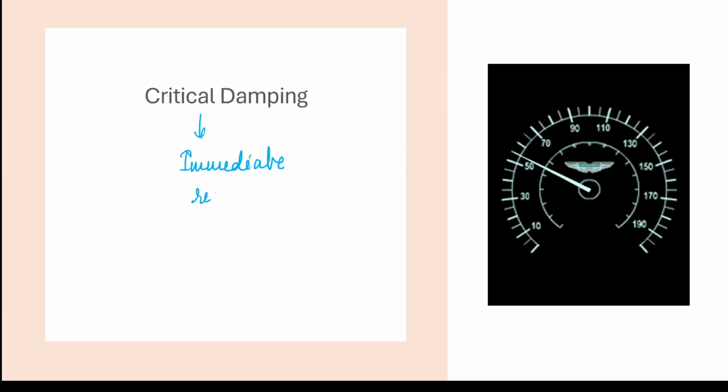You don't want the needle to oscillate. Whatever speed the vehicle is, the needle should show that speed. So this is critical damping.